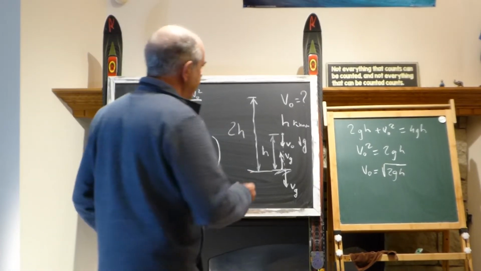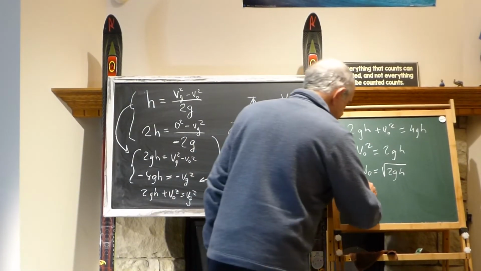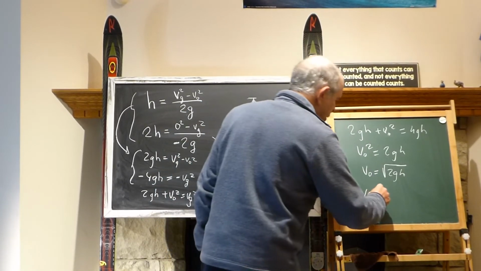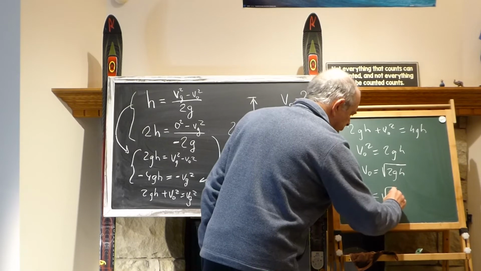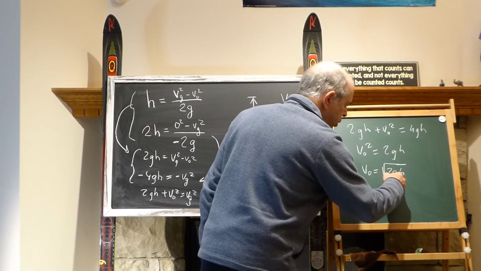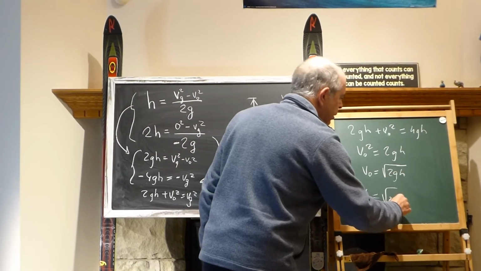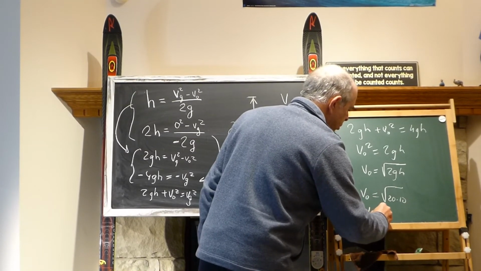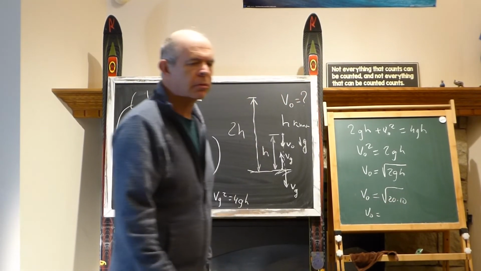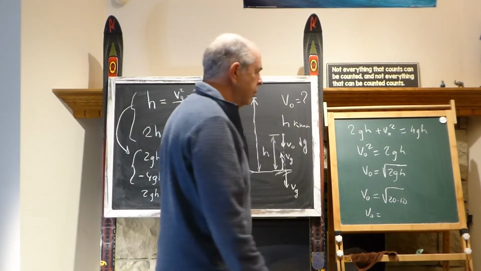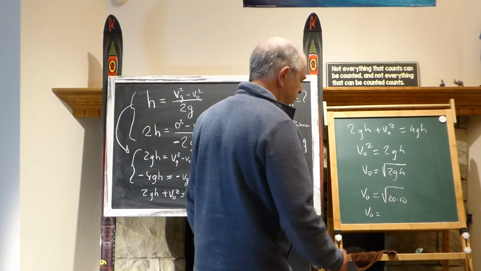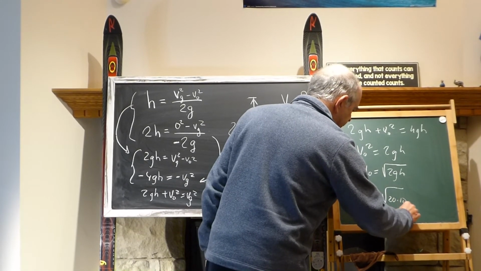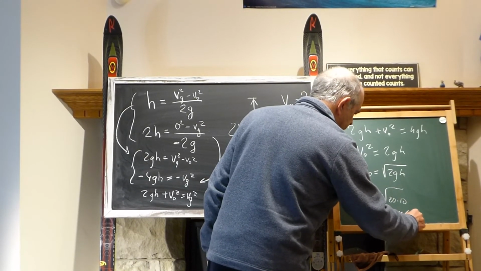For example, if h is 10 meters, as they say, v0 would be the square root of 2g, which is 20 roughly, times h, which is 10, so it would be the square root of 200, which is roughly 14. So 14 meters per second.